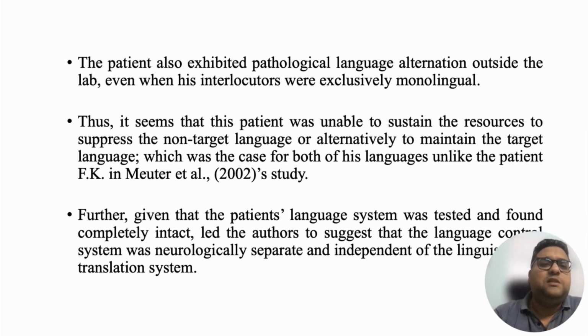Thus, it seems that the patient was unable to sustain the resources to suppress the non-target language or, alternatively, to maintain the target language, which was the case for both of his languages, unlike the patient FK in Muter's study. Further, given that the patient's language system was tested and found to be completely intact, the authors assumed that the language control network is different and slightly independent from the overall language processing network, which was intact in this individual.